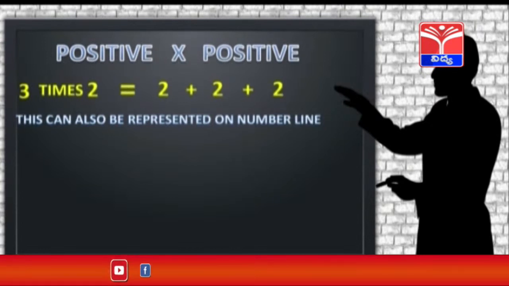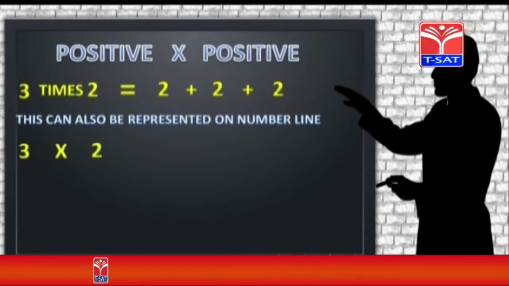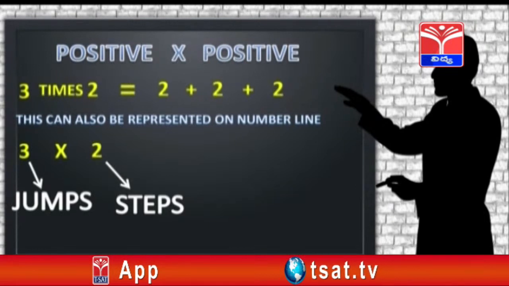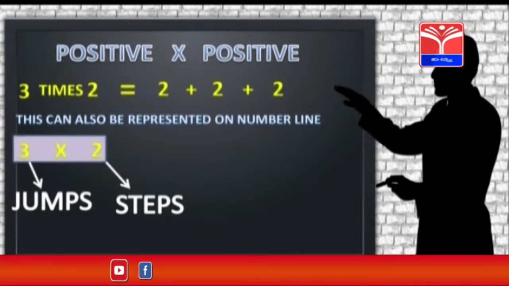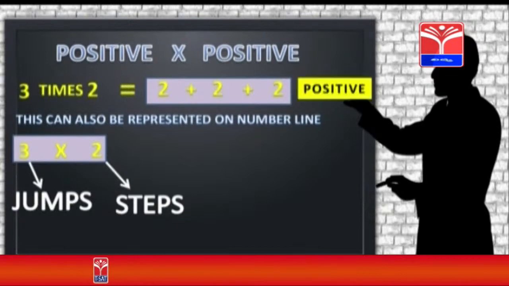This product positive times positive can also be represented on number line. So 3 times 2. In this product, 3 stands for number of jumps and 2 stands for number of steps in each jump. And 3 times 2 means sum of 3 2's, which is finally a positive number.